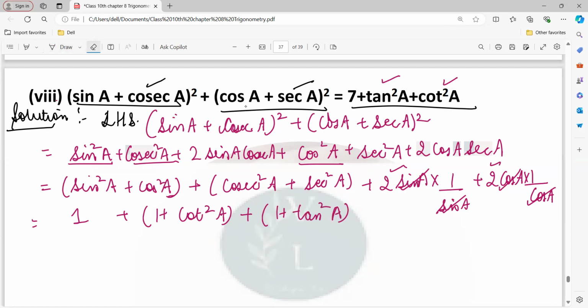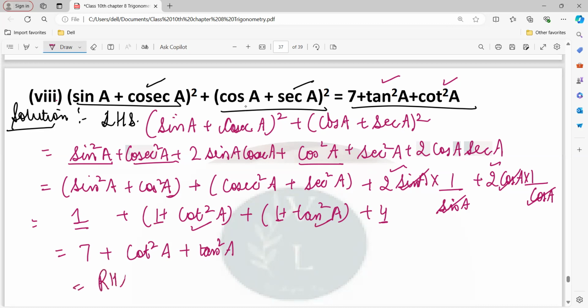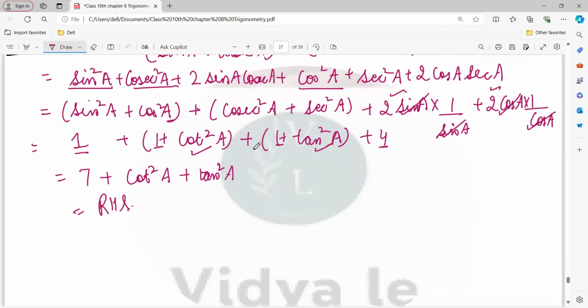So we'll add it. Now 4 plus 1 plus 1 plus 1, which is 7. 4 plus 3 is 7, plus cot square A plus tan square A. So we got 7 plus cot square A plus tan square A, which is equal to the right hand side. Hence proved.